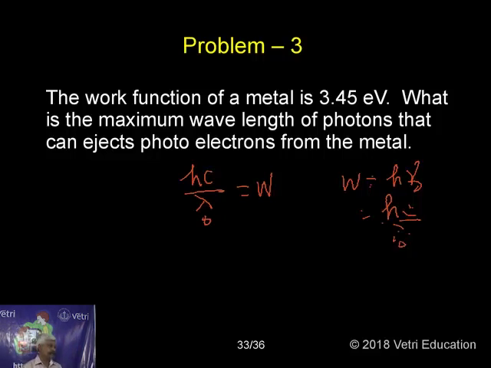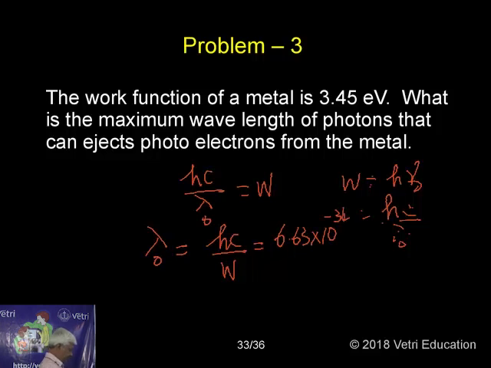Work function W is equal to h nu naught, where nu naught is called the threshold frequency. The threshold frequency in terms of the velocity of light and wavelength is modified as hc by lambda naught. So here I want to find the value of lambda naught, which is equal to hc by W. Given the parameters, Planck's constant is 6.63 into 10 to the power minus 34, into the velocity of light 3 into 10 power 8, the whole divided by the work function given in the problem, 3.45 electron volt.